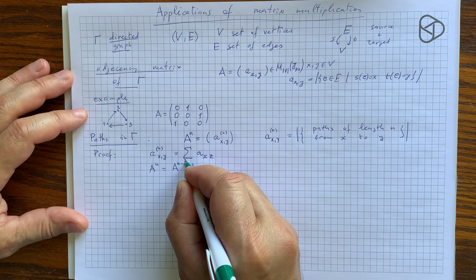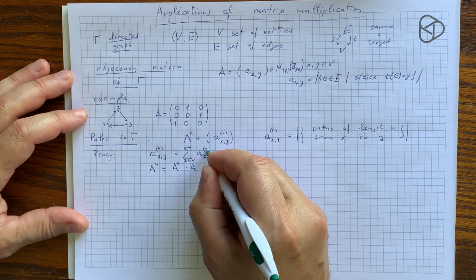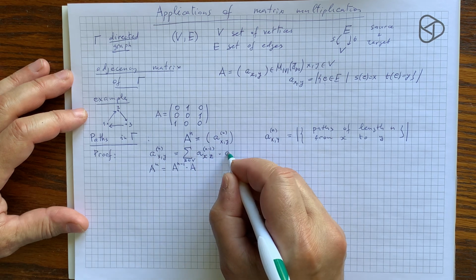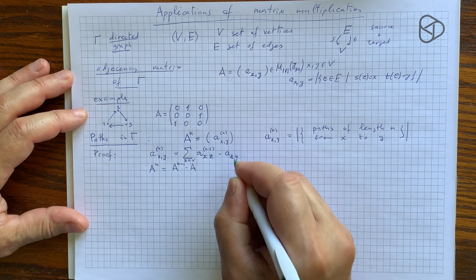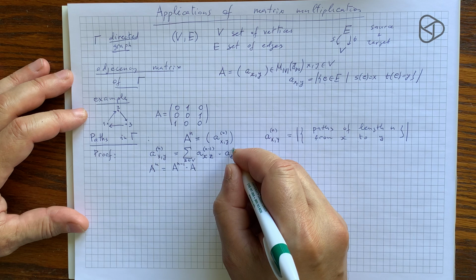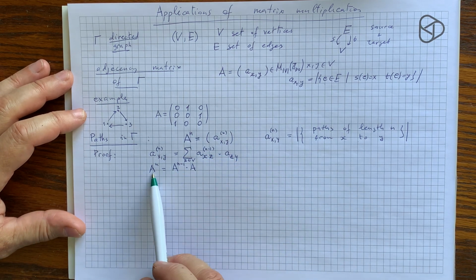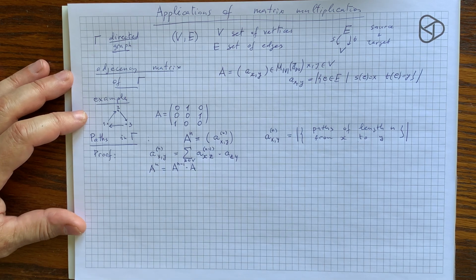I'll call it Z, and it is an arbitrary vertex. That will be the entry of that matrix multiplied by the corresponding entry of the second matrix, just A, and then summed up will give me the matrix entry in the product of the two. So that will be computing entries in the nth power.